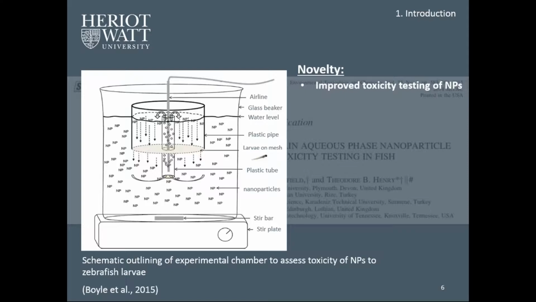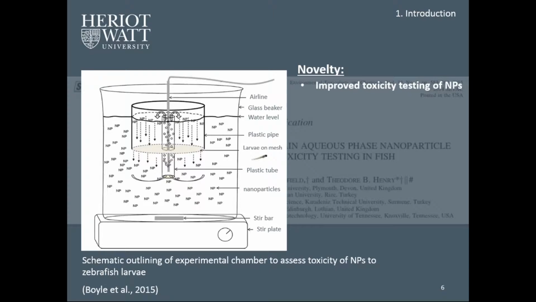an exposure chamber was designed. We can see here a glass beaker, and there is a chamber in the middle. The zebrafish larvae are held inside the chamber. There is a mesh in the bottom that separates the larvae from the rest of the beaker.